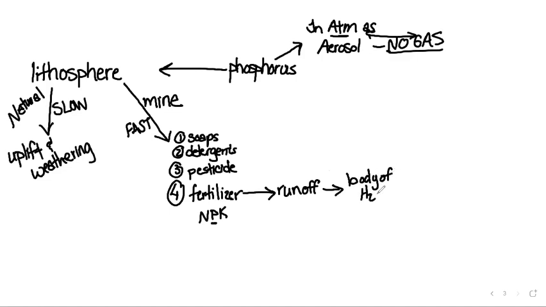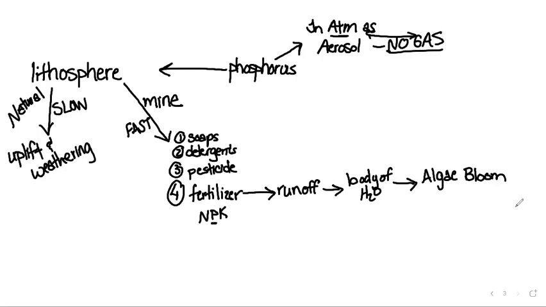Should the conditions be right, that body of water is going to have some algae in it, and this is going to lead to an algae bloom. I say that this is an algae bloom on steroids.